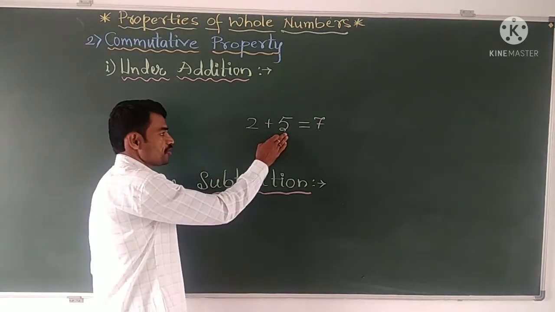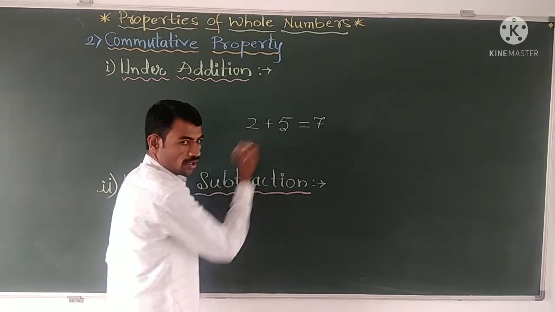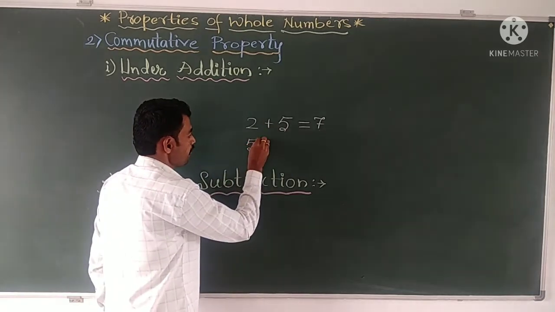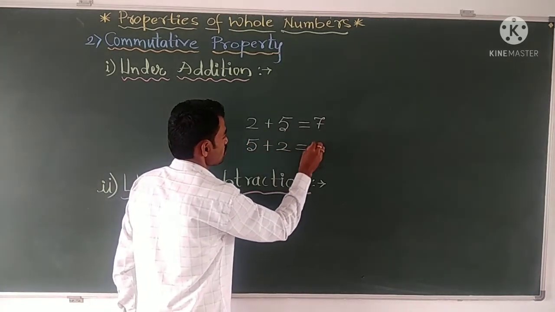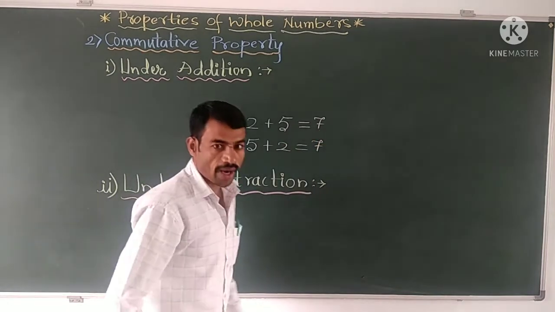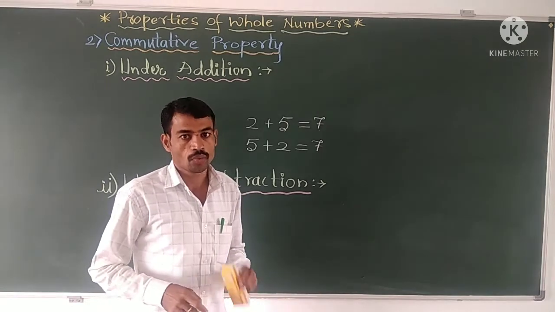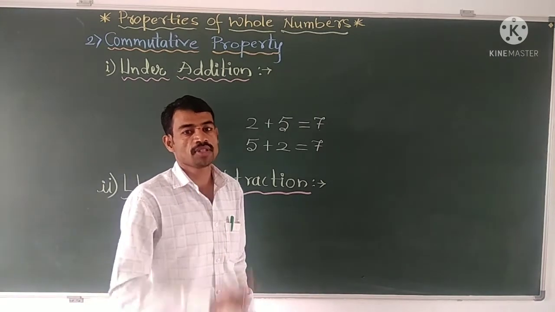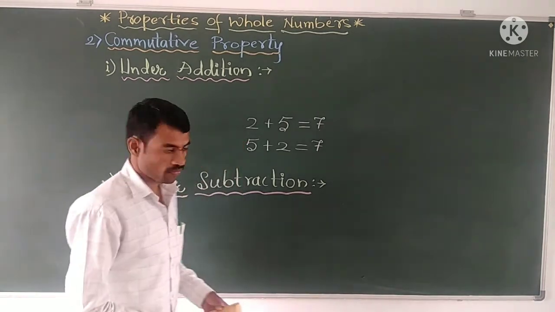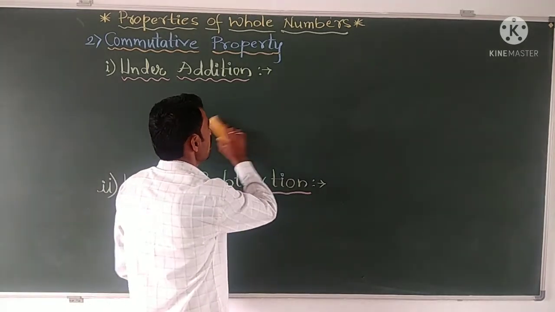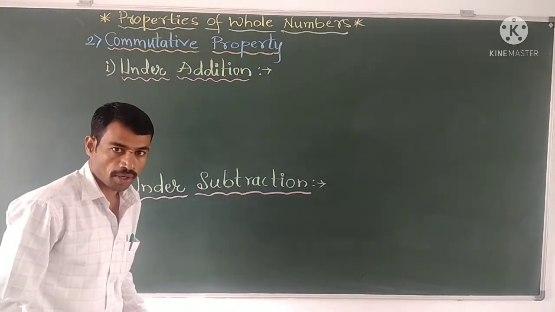Reverse order in the sense, first you take 5, then you take 2. Then 5 plus 2 is also 7. If you add any two whole numbers in any order, we obtain the same sum. Sum is the same. That is what we call the commutative property.